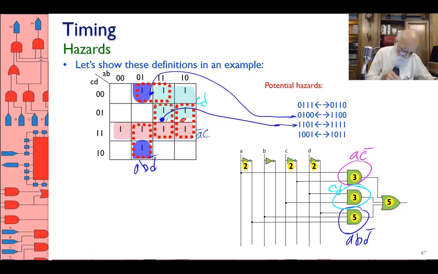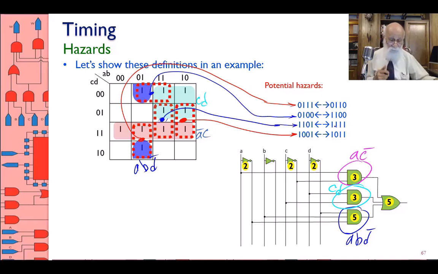I have another gap here, 1001 to 1011. And I have another gap here, 0111, 0110. These are my 4 potential hazards.